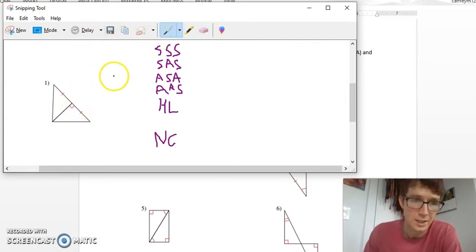To me, the first thing I notice on this is that we have a shared side. So if there's a shared side between 2 triangles, that means the side for this triangle and the side for this triangle, they have to be equal because they're the same. So I'm going to highlight that side as one that we're looking at.